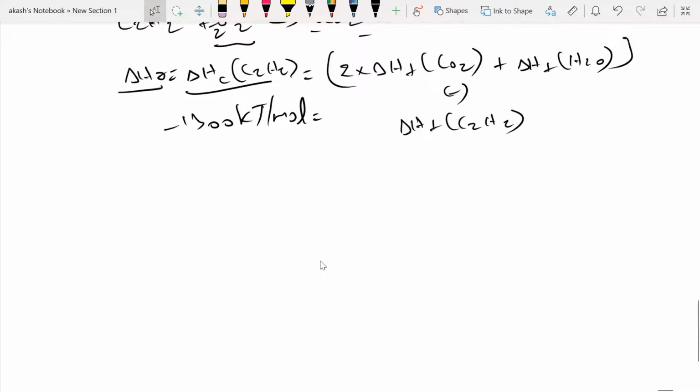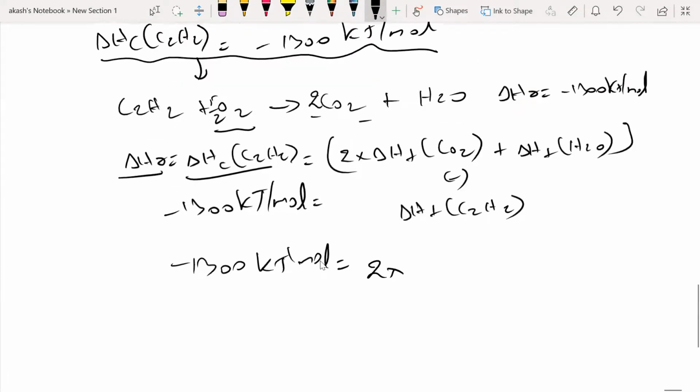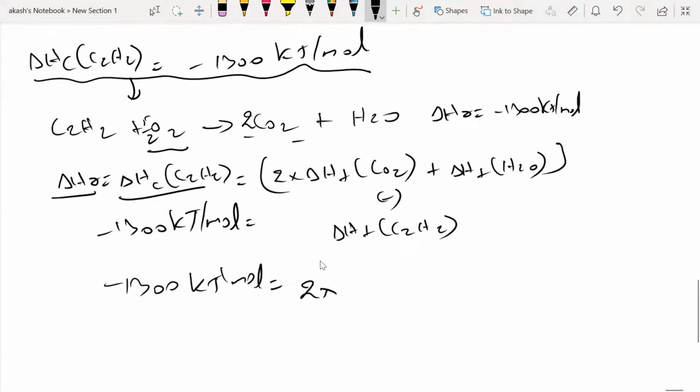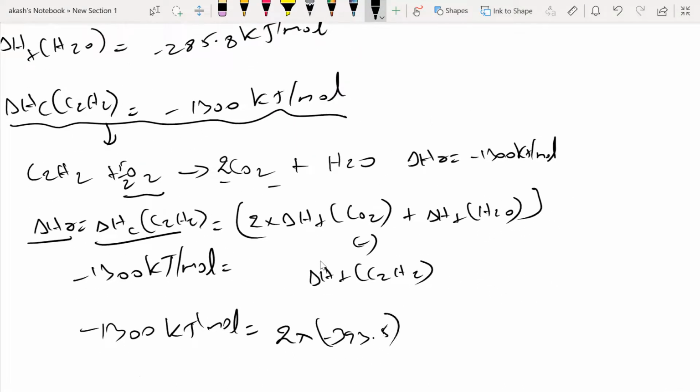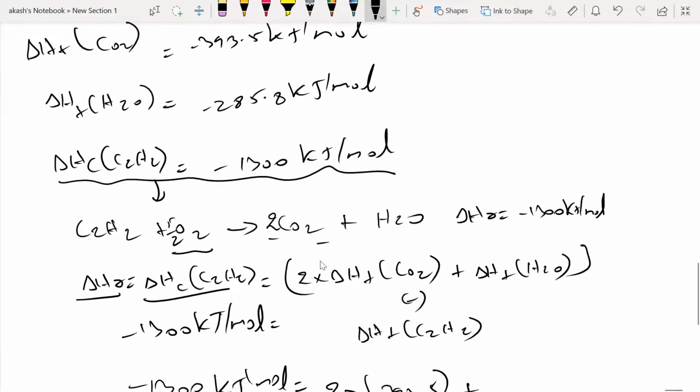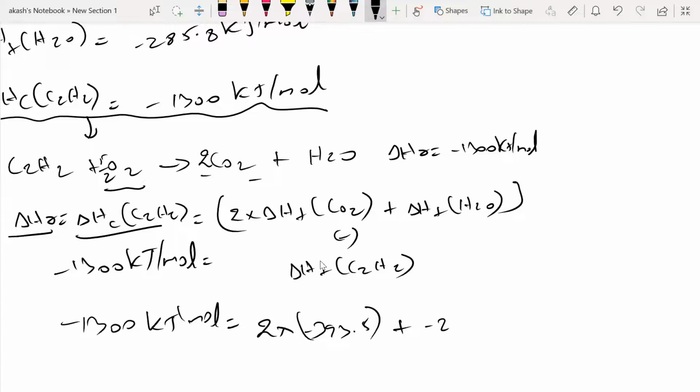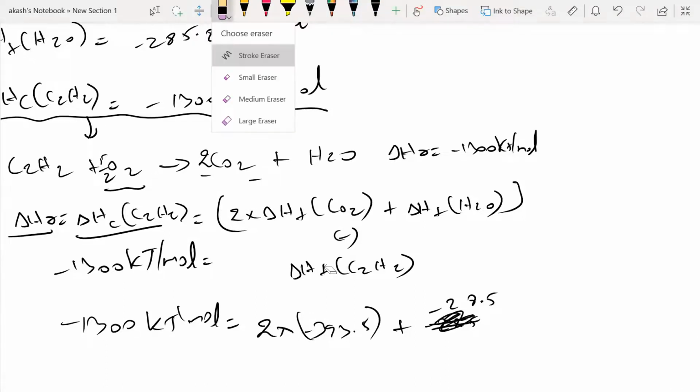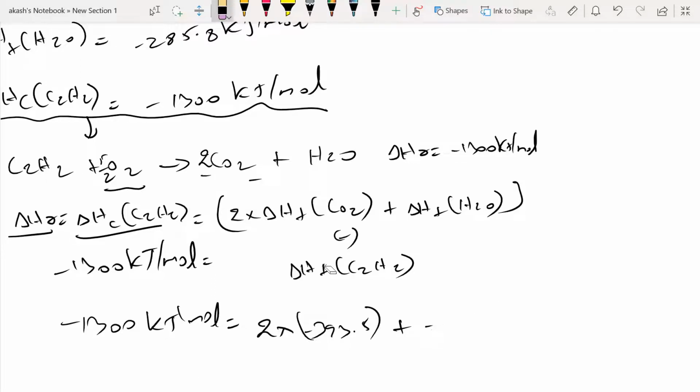So we have minus 1,300 kilojoules per mole is equal to 2 into the enthalpy of formation of CO2. Enthalpy of formation of CO2 is given to us as minus 393.5 kilojoules per mole, plus the enthalpy of formation of water, which is minus 285.5 kilojoules per mole, minus the enthalpy of formation of C2H2.